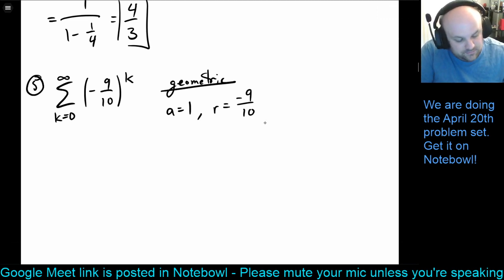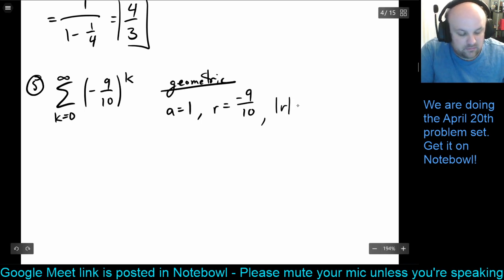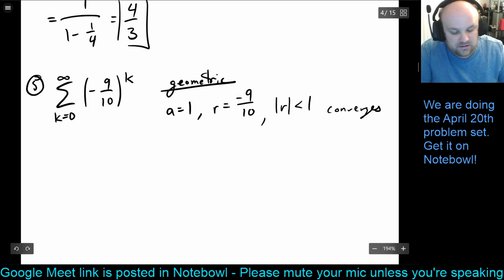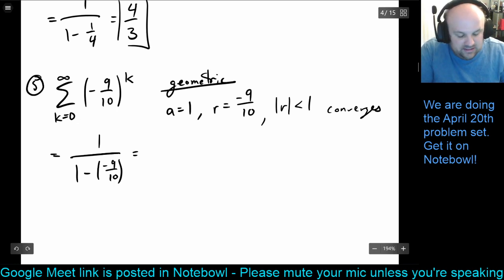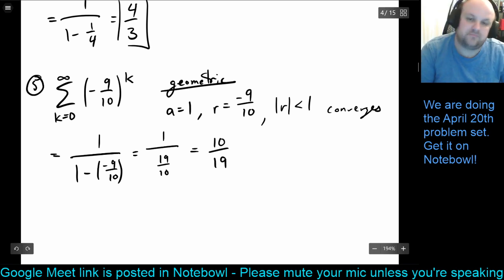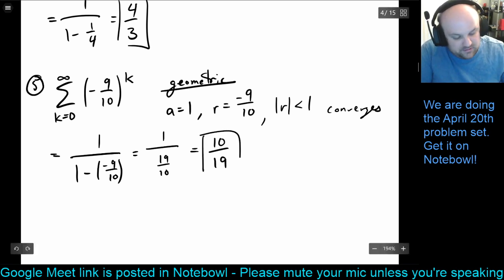And here we have absolute value of r, which is 9/10, is still less than 1, so this converges. And so we can compute the limit as 1 over 1 minus r. Right, and that's going to be 1 over 19 over 10. So this is 10 over 19. Right, that's what that adds up to.